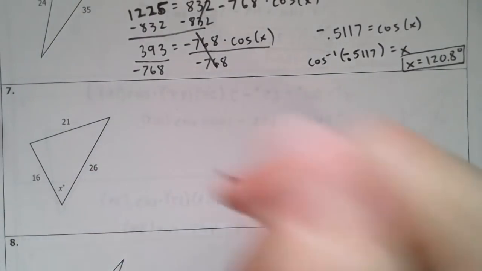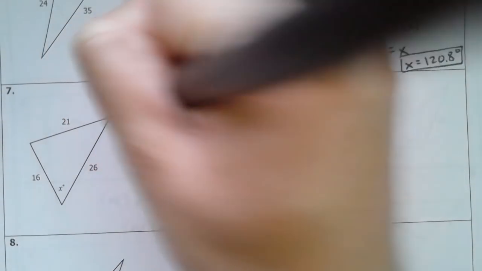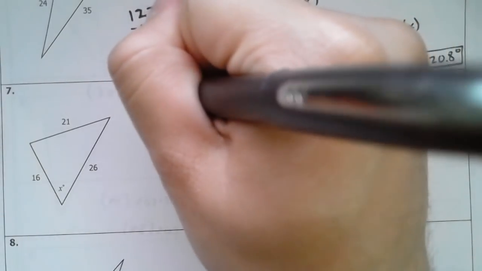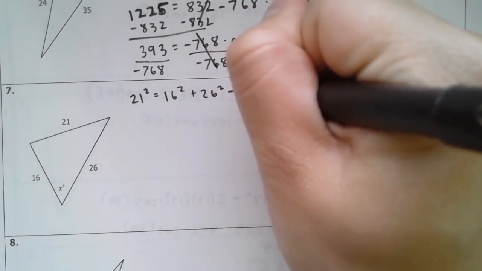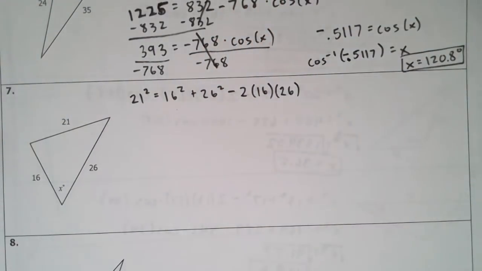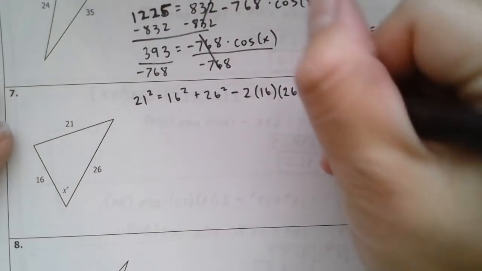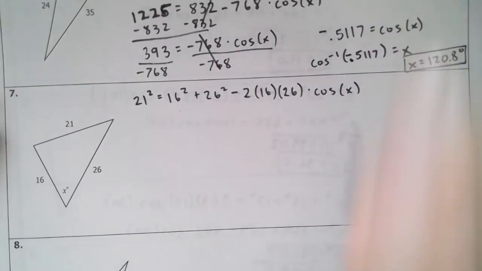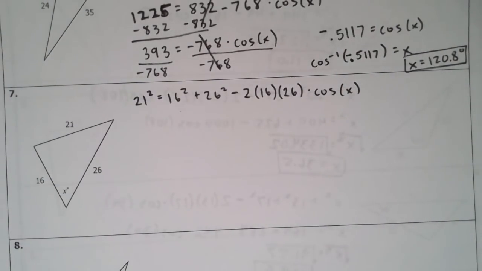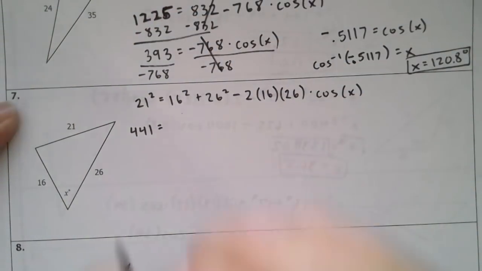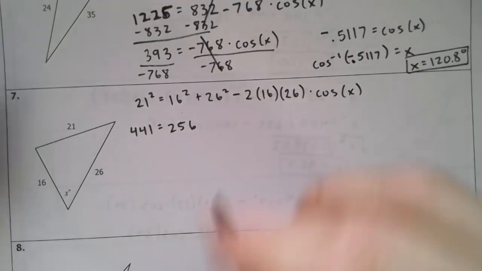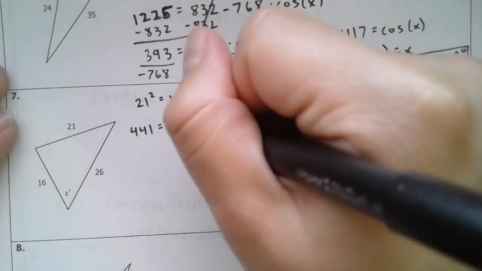So this is the one I start with. 21 squared is equal to the other 2 squared added, 16 squared plus 26 squared, minus 2 times 16 times 26 times the cosine of x. 21 squared, you're going to get 441. 16 squared is 256. 26 squared, you're going to get 676.